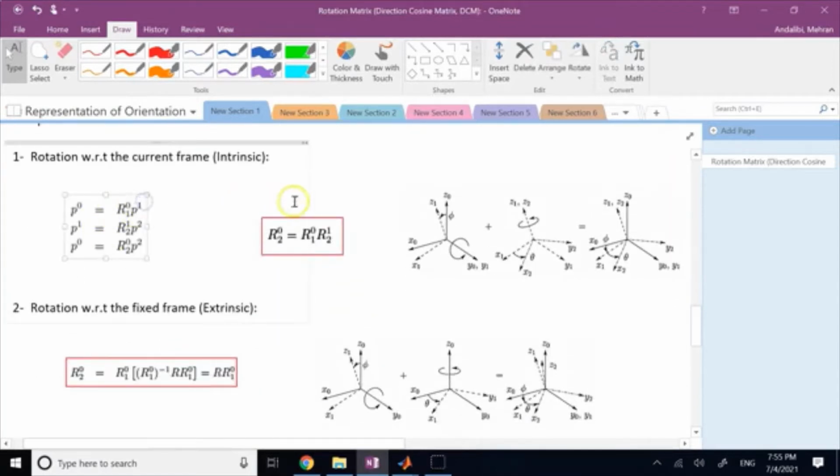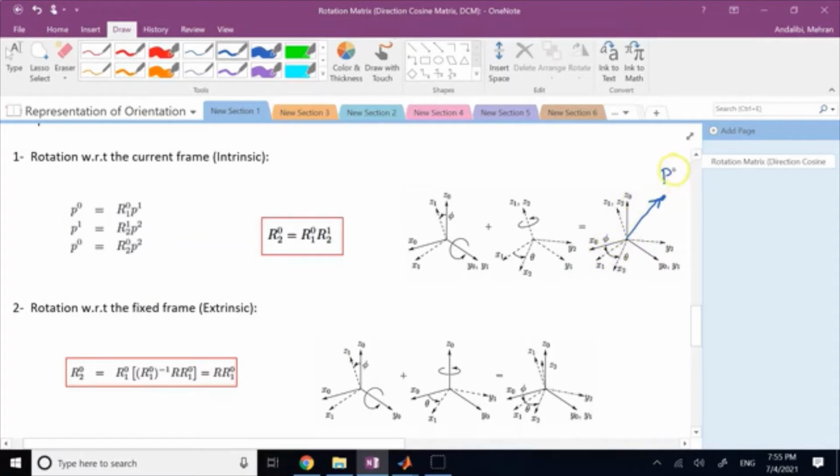So the case is here. Let's say I have one single point P. And the coordinate of this P, I can write along x0, y0, z0, or x1, y1, z1, or x2, y2, z2.